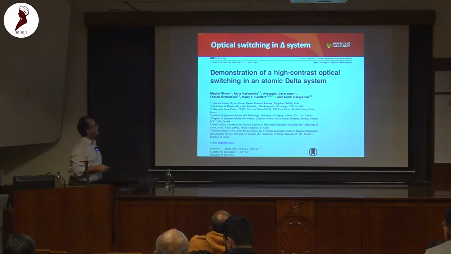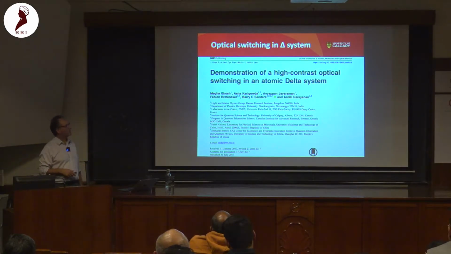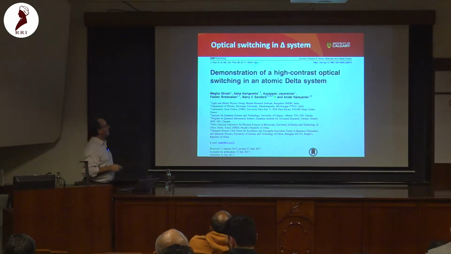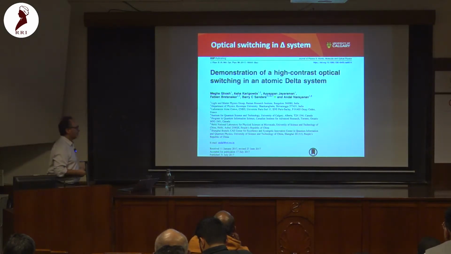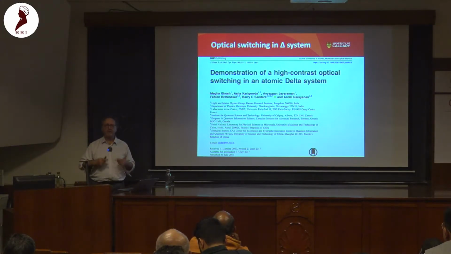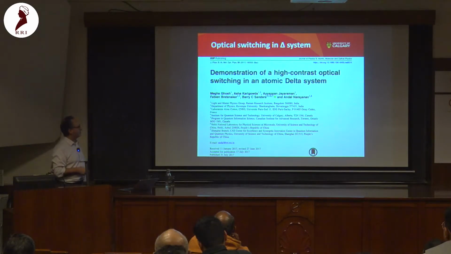Then we went on from there 3 years later. This is 2017. We started to make it into a switch. So in that first experiment, we're seeing the microwave-controlled electromagnetically induced transparency with a bit of amplification. And then in this experiment, you can see I won the argument.